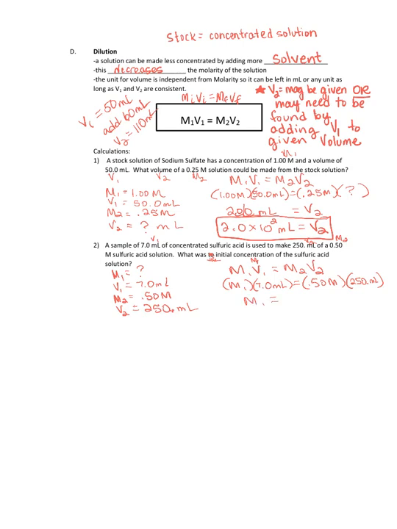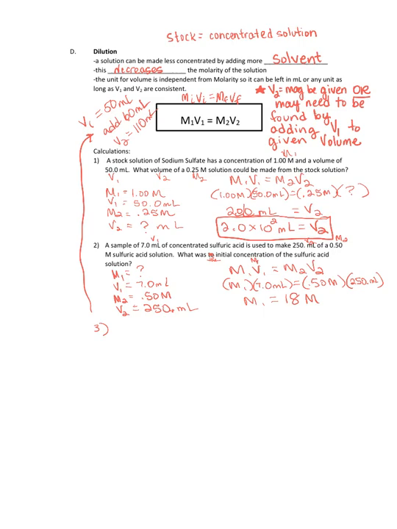Rearrange and solve for M1. We multiply 0.50 times 250, divide it by the 7.0 with 2 sig figs, and we get 18 molar. One more quick problem, just to do that situation where we have a possibility where V1 or V2 has to be found.